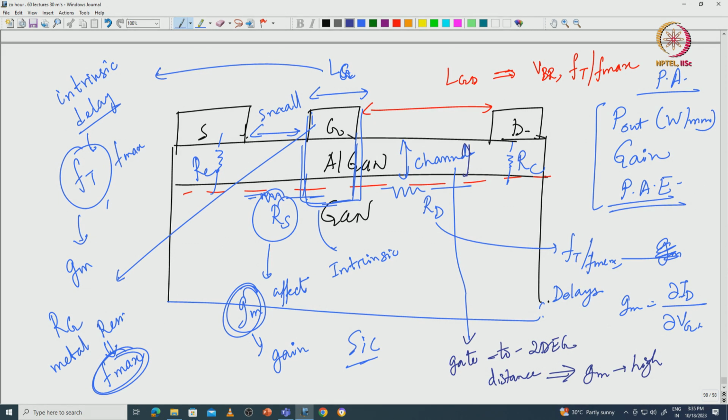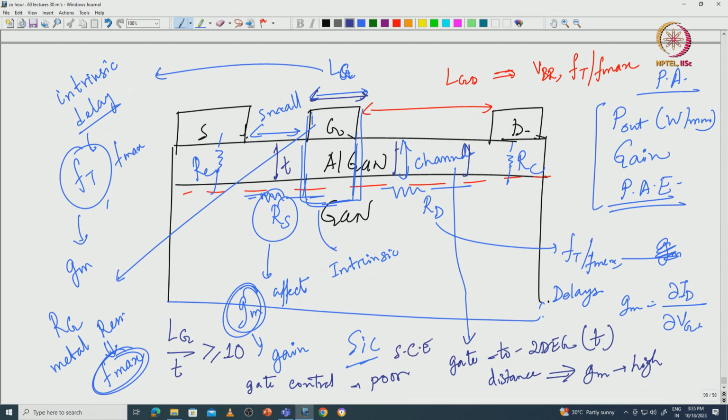So a rule of thumb is that if this channel thickness is T, the thickness of this channel, and LG is the gate length, then typically the gate length divided by T, which means the length of the gate divided by the gate metal to the 2D electron gas spacing, should be at least more than 10. Otherwise your gate control will be very poor and you will have huge short channel effects, SCE.